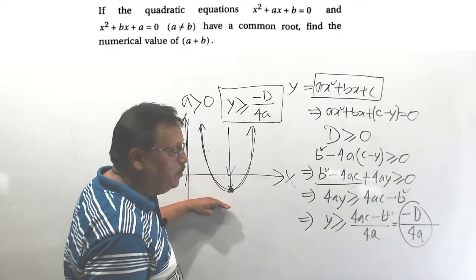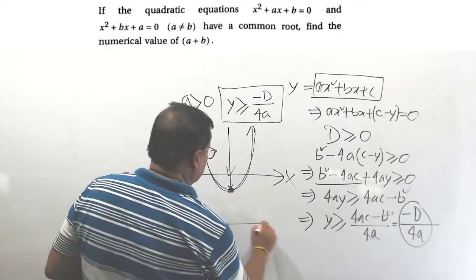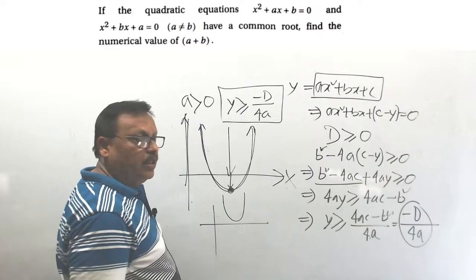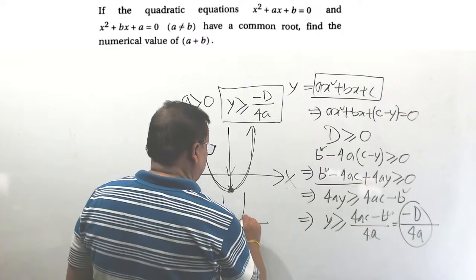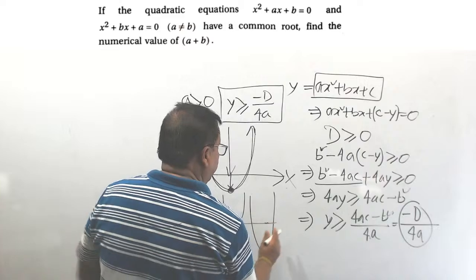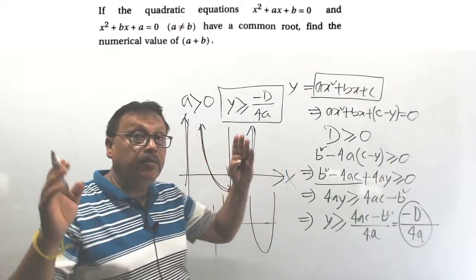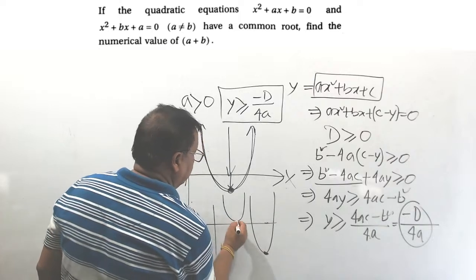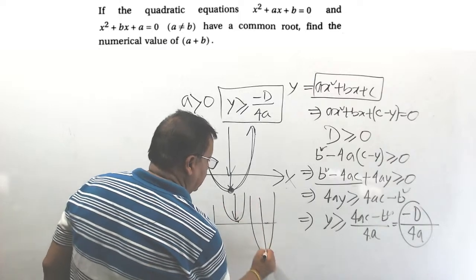Maybe negative, maybe positive, maybe this case also, whatever way. But the two arms will remain upward. Maybe at this point, the y value remains at its minimum.